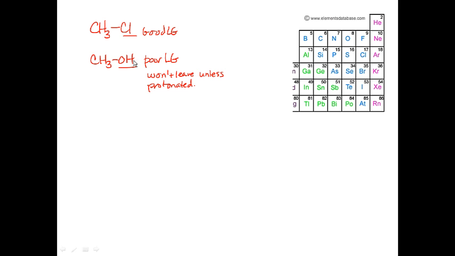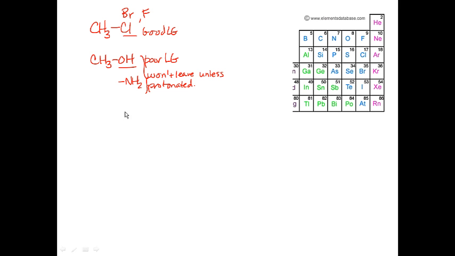So things that won't leave, OH will not leave unless you protonate it. The same thing would be true for a nitrogen-based group. These two won't leave unless they're protonated. Chlorine is okay, bromine is okay, I would even say that fluorine is okay as a leaving group. They will leave. But oxygen and nitrogen are going to have to be protonated before they will leave.